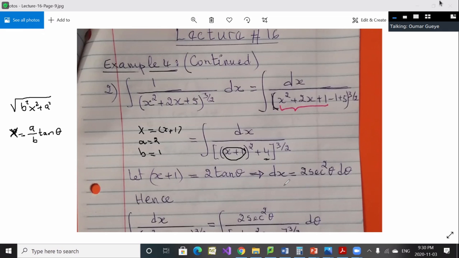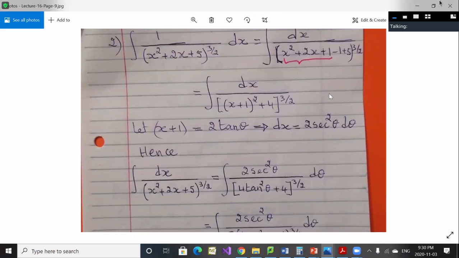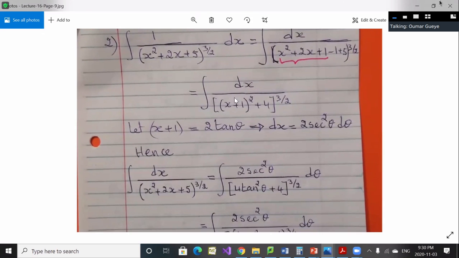Now you can calculate dx. You differentiate the left-hand side, and it's going to be dx only, because the constant 1 has derivative 0. And you differentiate the right-hand side, it's going to be 2 times the derivative of tan, which is secant squared theta d theta. Okay, so now we're ready to substitute. So we substitute from here.